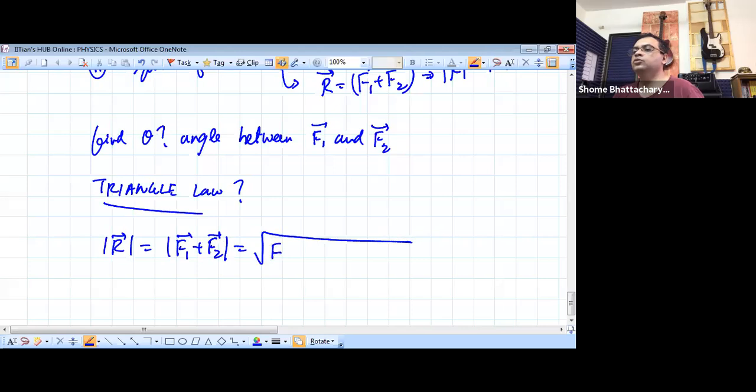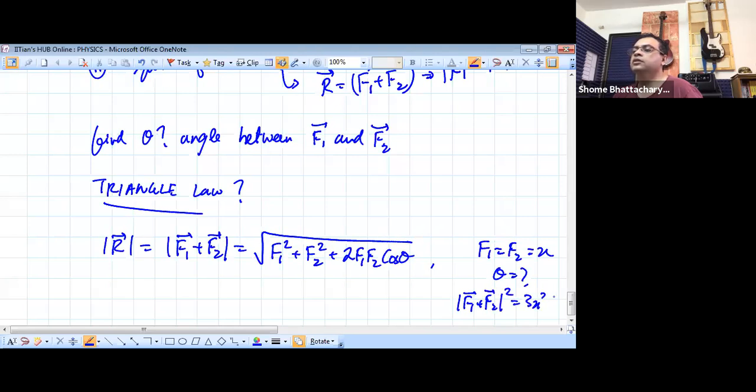By the formula, it is root of, instead of A and B, just use F1 and F2. So A square plus B square plus 2AB cos theta, in which we know the magnitude of F1 is equal to the magnitude of F2, which is x. Theta is unknown, but we also know that mod of F1 plus F2 square is equal to 3x square. So this information and this information has to be substituted here.